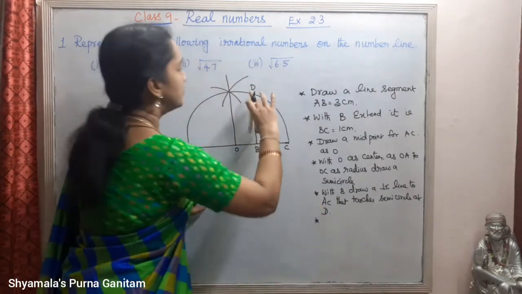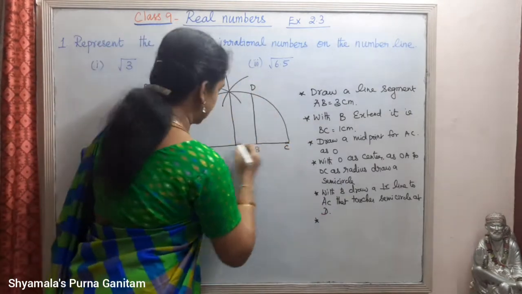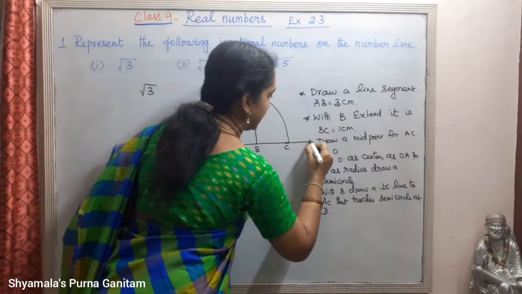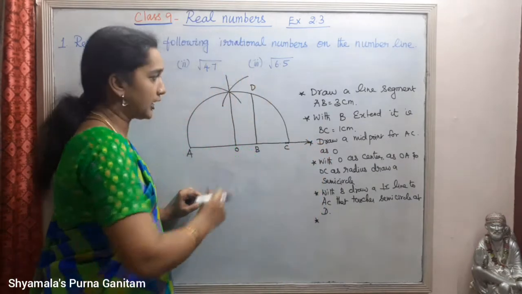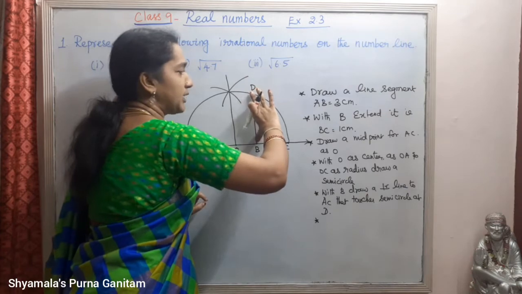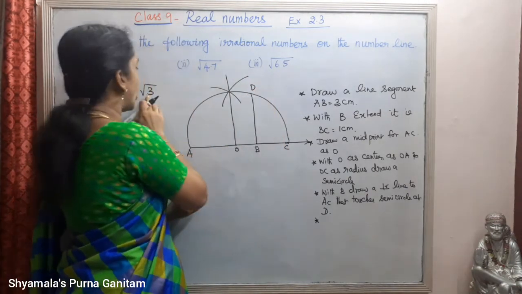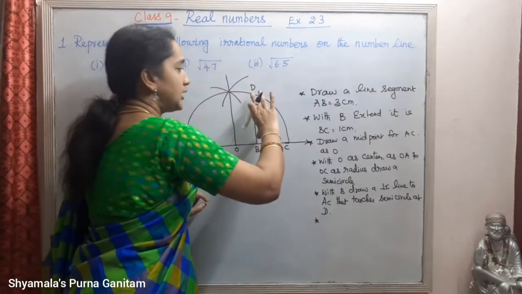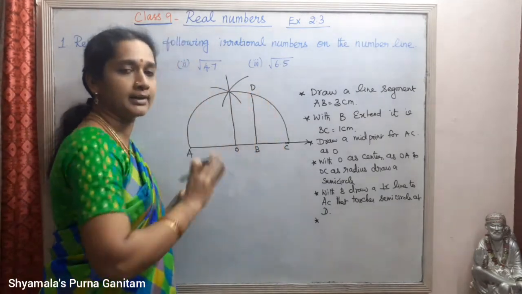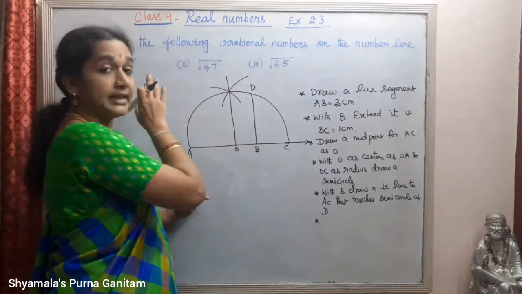BD, if we extend the AC line, we will get a line. This BD, whatever measurement we got, is the value of root 3. That value we are asked to mark on the number line.